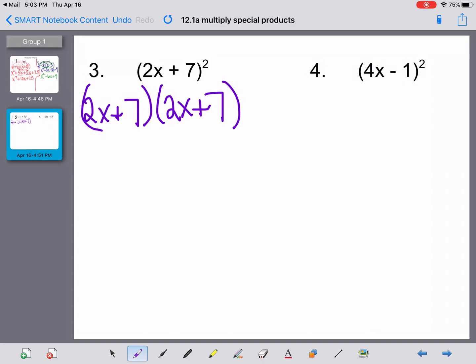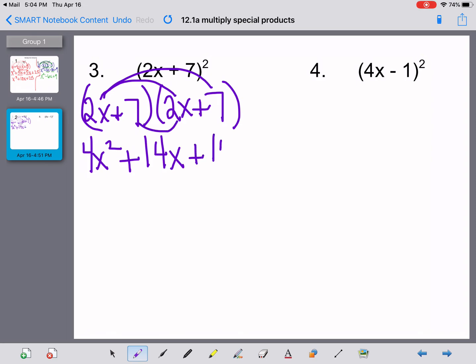Nice thing on this one again is that the signs are all positive. 2x times 2x: 2 times 2 is 4, x times x is x squared. 2x times 7: 2 times 7 is 14x. 7 times 2x: 7 times 2 is 14, and then there's the x.